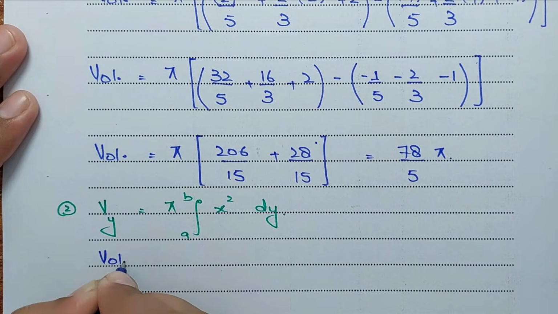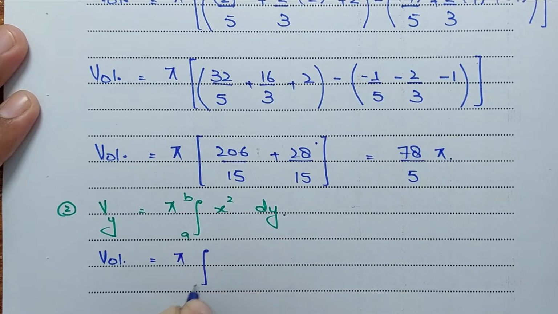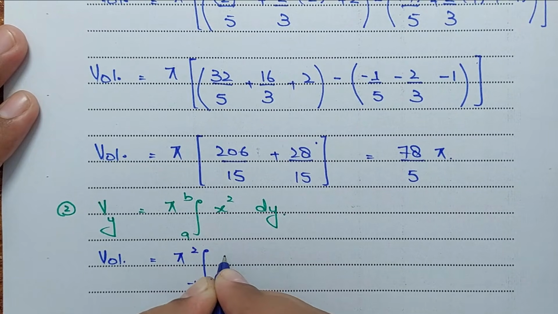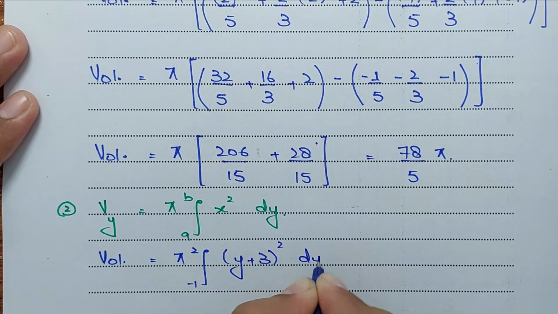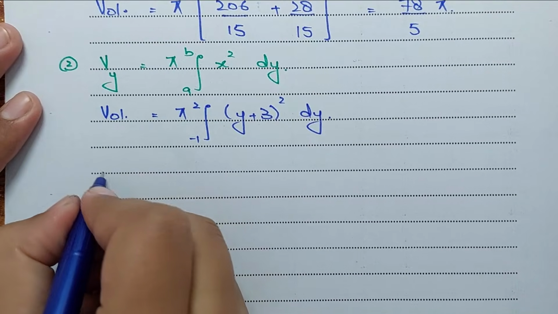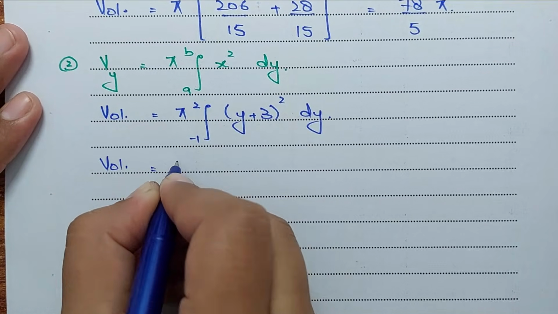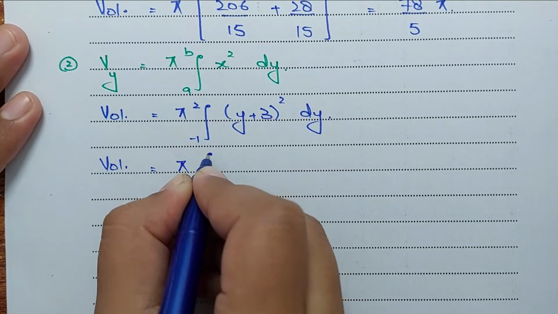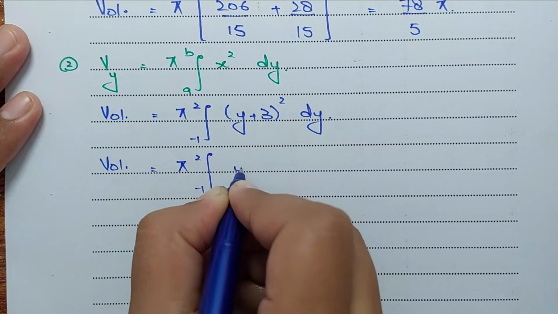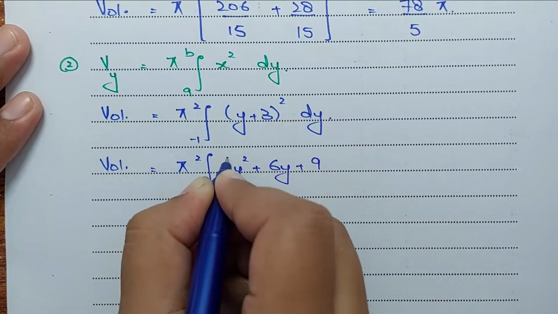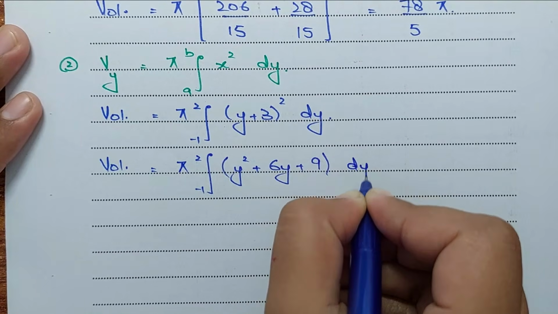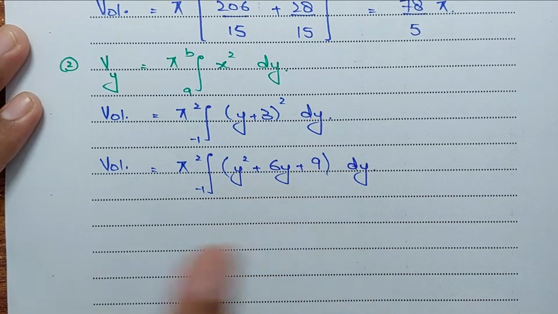The volume is pi times the integral from minus 1 to 2 of (y plus 3) whole squared dy. Now the volume is pi times the integral from minus 1 to 2 of y squared plus 6y plus 9. I expanded (a plus b) whole squared, which is a squared plus 2ab plus b squared.